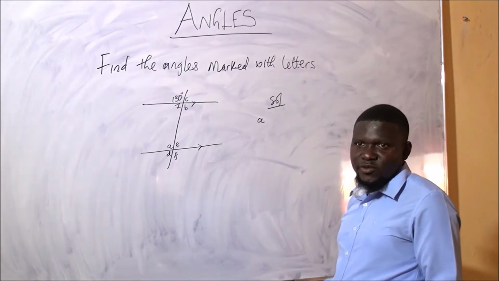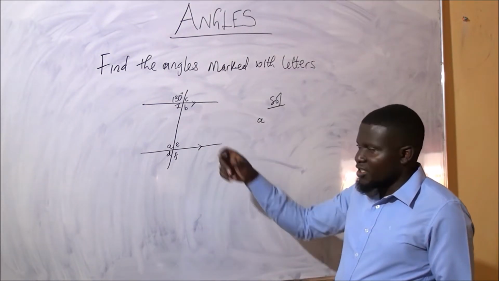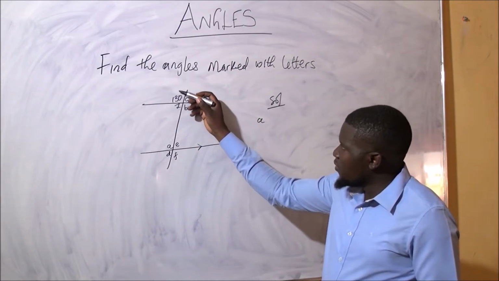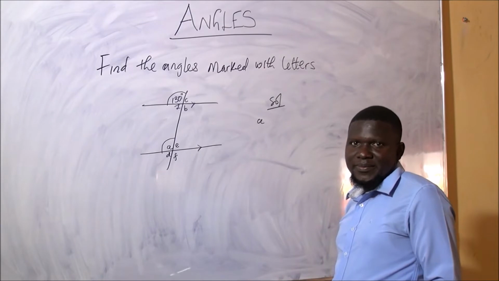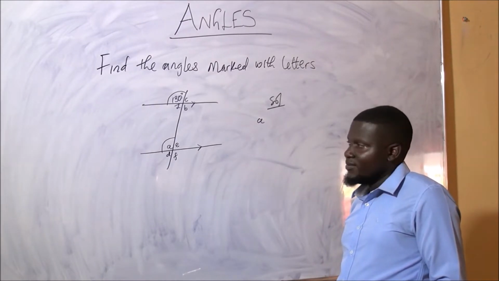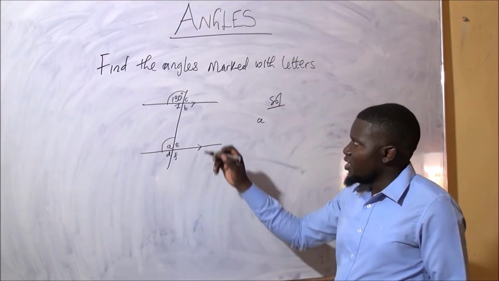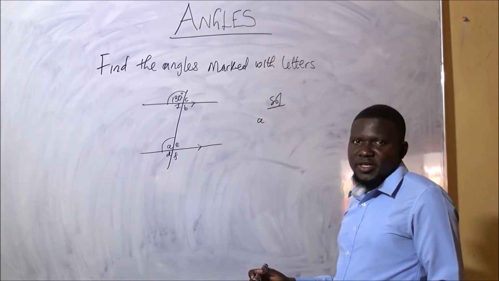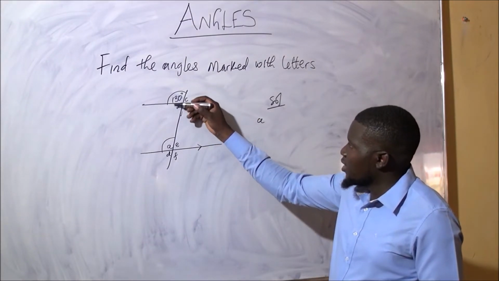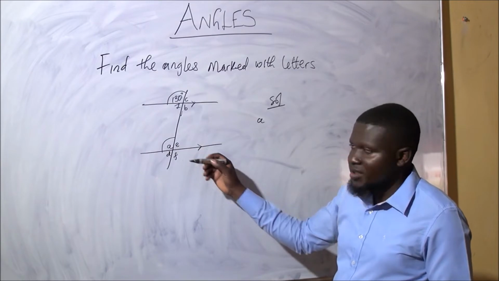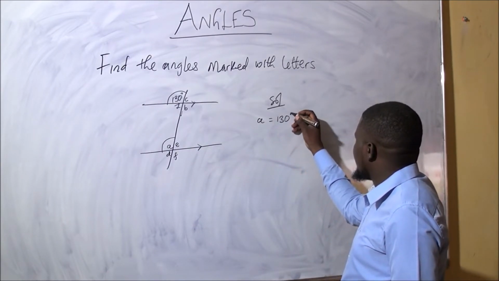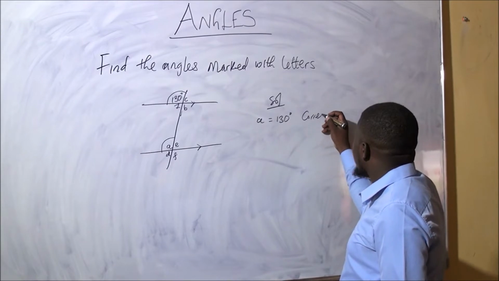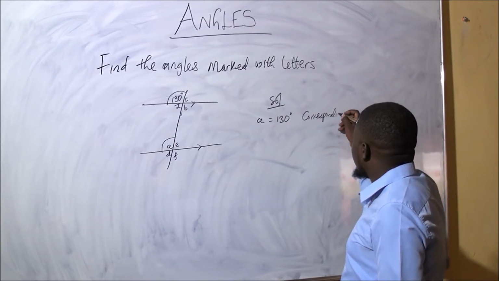Angle A is a corresponding angle, corresponding to this angle here, 130 degrees. 130 degrees and this angle here are the same, because there's an F shape made, and even here is an F shape made. So angle A is equal to 130 degrees. These are corresponding angles.